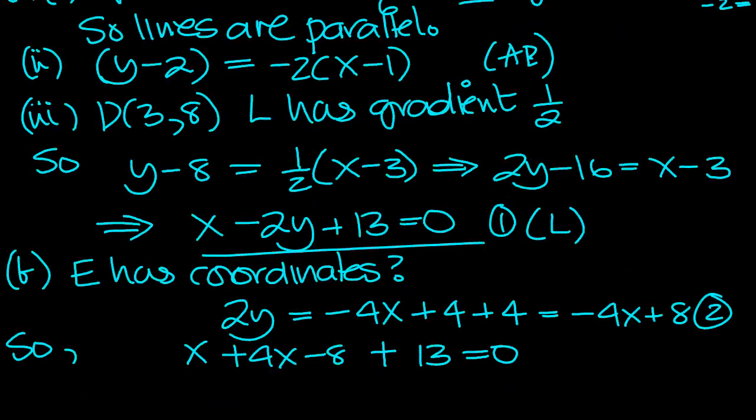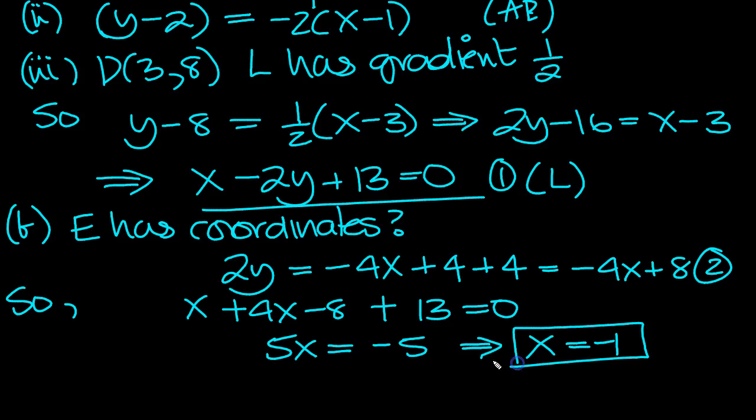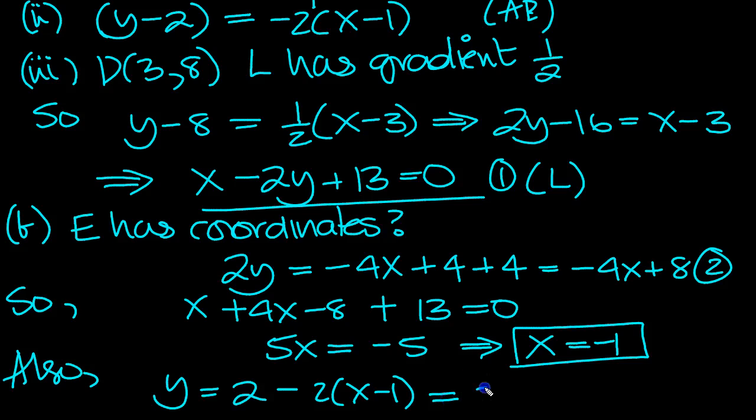So what do we get for x then? We get 5x plus 5 equals 0, so move the plus 5 to minus 5. And that tells us then that x is minus 1, when we move the 5 from times to divide. So there's x for the coordinate of E, and then y, we can get y from here actually. y is equal to 2, move the 2 over, and then it's minus 2 times x minus 1, which equals 2 minus 2 times minus 2.